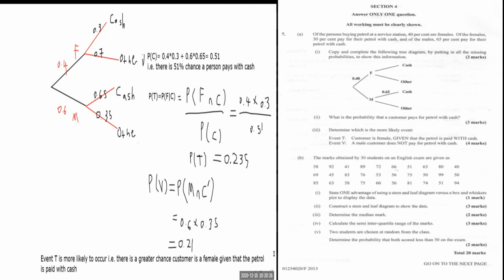Now we move on to part B of this question. Part B gives us some marks, right? And it says, state one advantage of using stem and leaf versus a box and whisker to plot the display of the data. So we want to state one advantage of stem and leaf over the box plot.